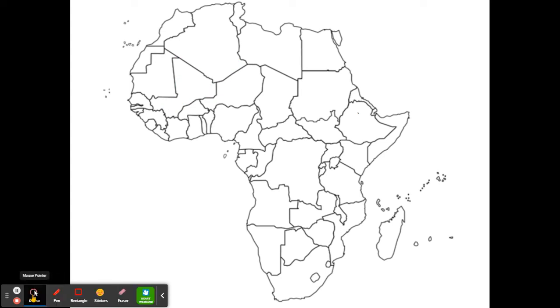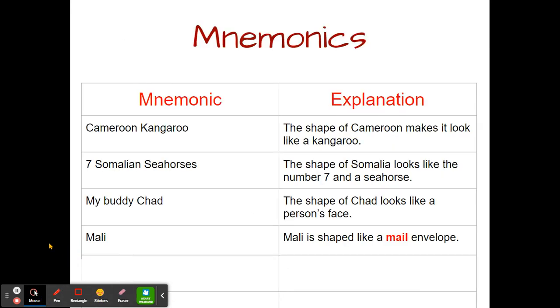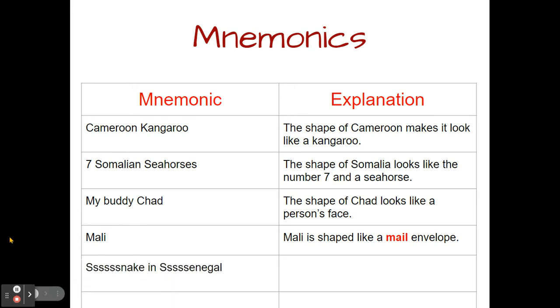Fifth mnemonic device is going to be for a country called Senegal. And I think it works best if you say it like that, Senegal. When we look for the country of Senegal, what we're also going to look for is the animal that makes that hissing sound. We're looking for a snake. So we're going to look for a snake to find the country of Senegal.